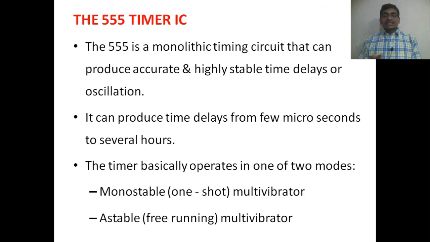By using the delay produced by the 555 timer ICs, we can produce different delays between lights switching on and off. The traffic signal is one example of the delay. These delays are produced by ICs called timer ICs.